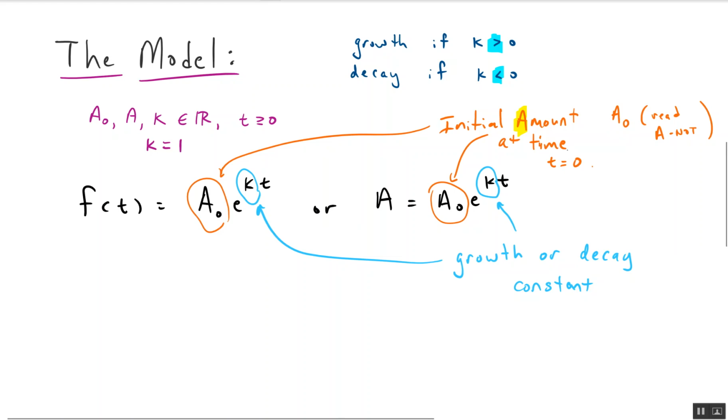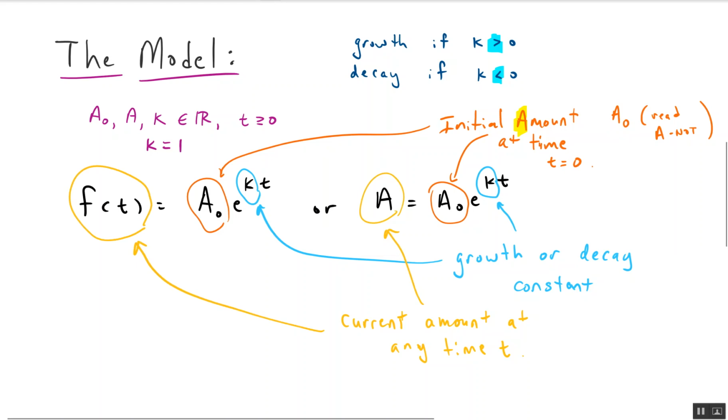So we have the current amount at any time t, and that is the A here, or the f of t here.